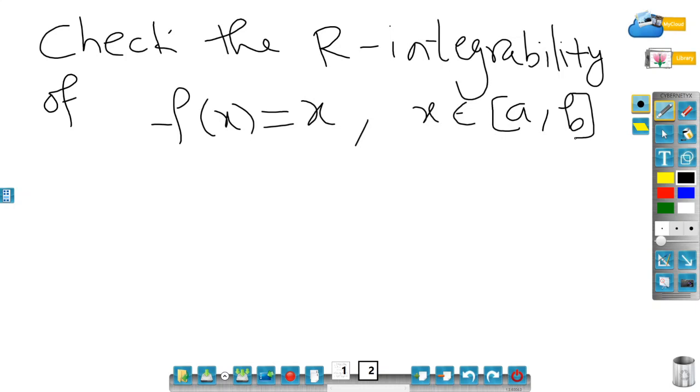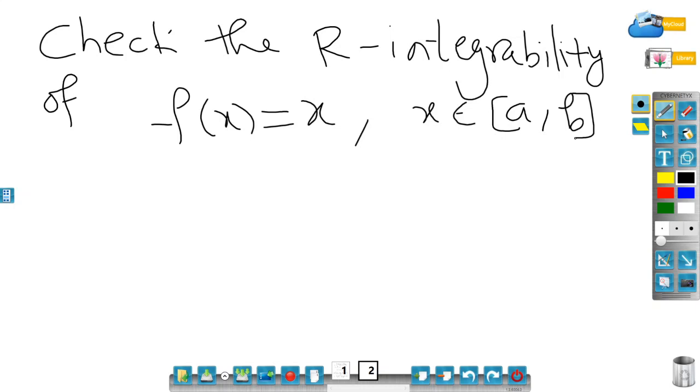So what I'll be doing, I'm not interested in finding the integration. I wanted to show you how or why this is R integrable. To show a function is R integrable, I have two tests. One is you find out U(f), find out L(f), and show that U(f) is equal to L(f).